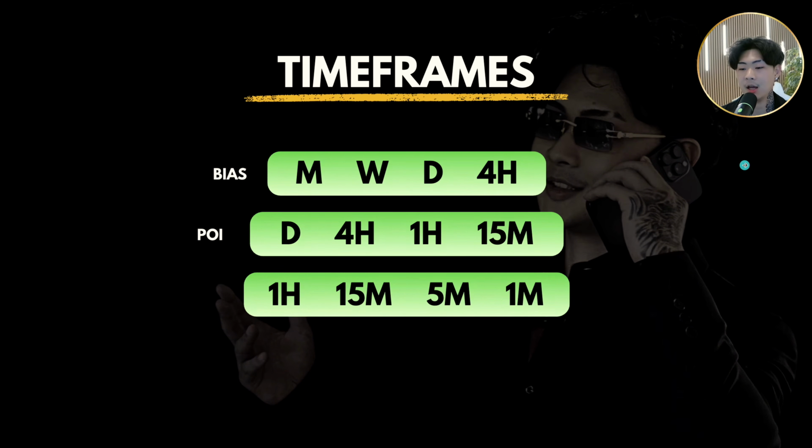Once I found that, I use the lower time frames for my entry. So when I used to trade IFEG's 2022 model, when I used to wait for a 1-minute confirmation, I was on the 1 minute, sometimes the 30-second. Now I do the top and bottom ticking, so I'm really just putting my limit order on the 15-minute PD array. And I only drop down to the 1 minute for trade management.